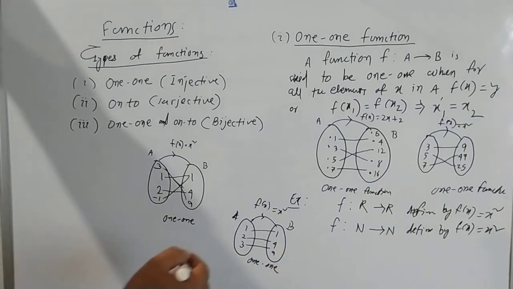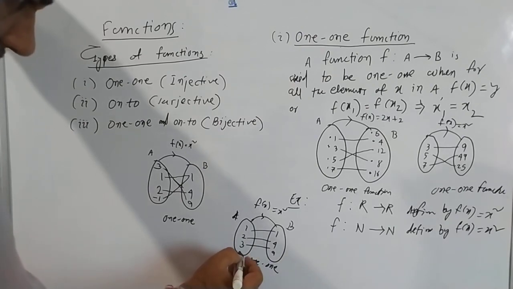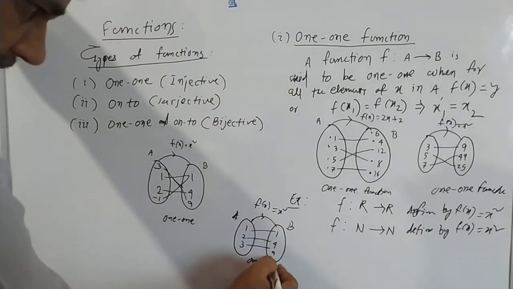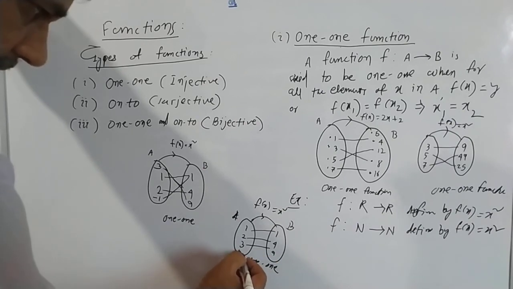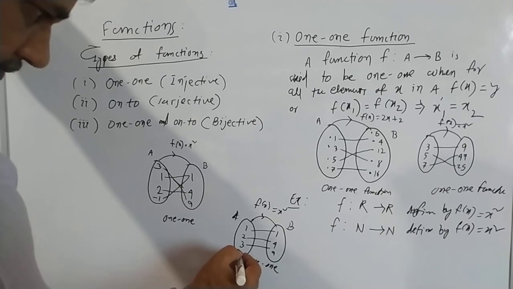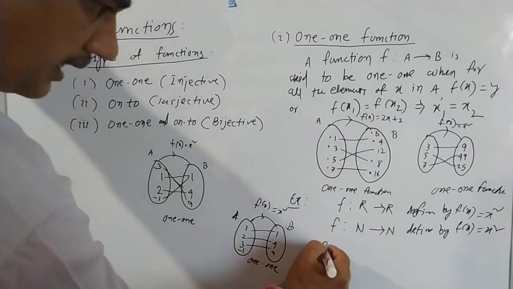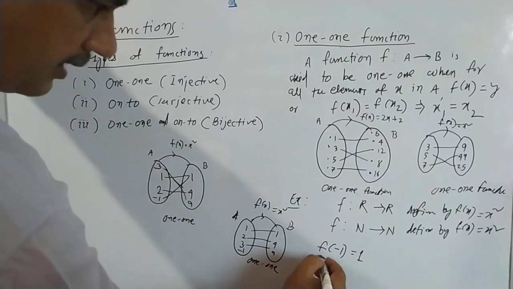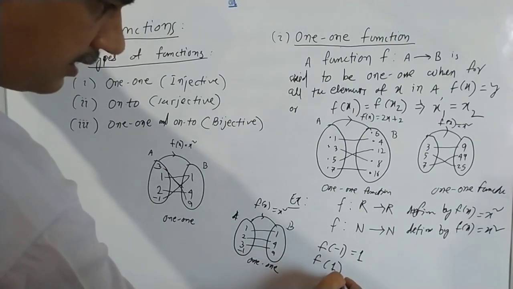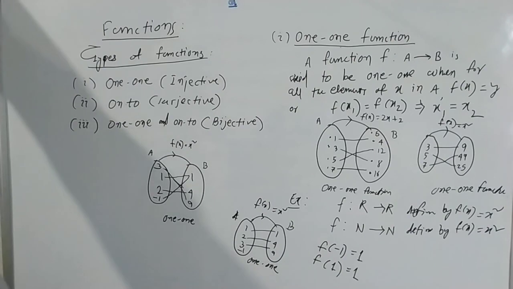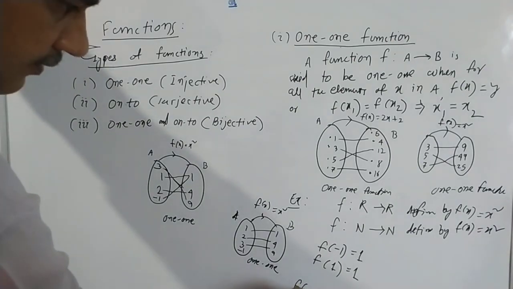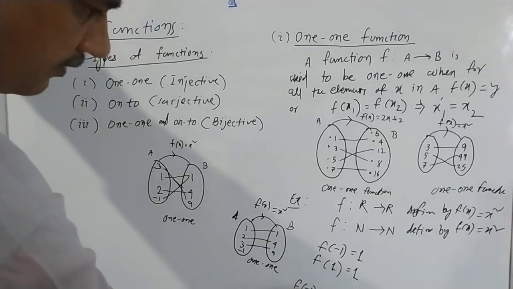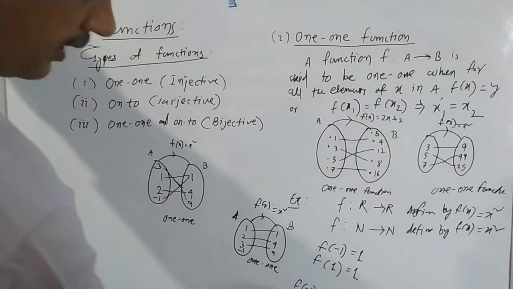But here if I write minus 1, because f of minus 1 is equal to 1, f of 1 is equal to 1.